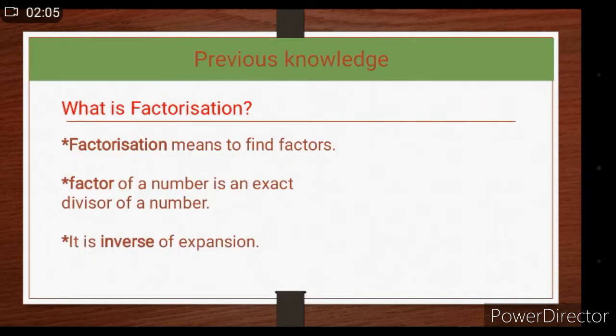As today's topic is factorization, first recall your previous knowledge. What is factorization? Factorization means to find factors. A factor of a number is an exact divisor of the number, and it is the inverse of expansion.